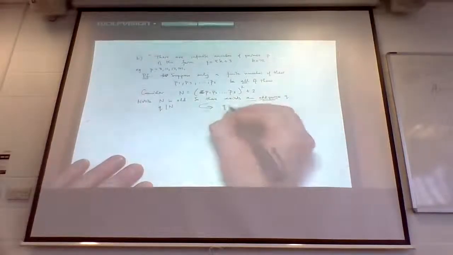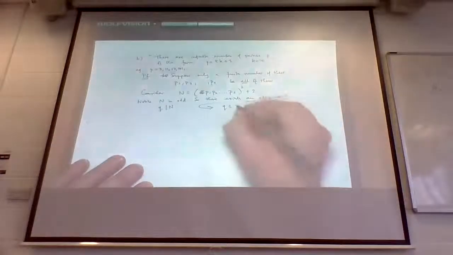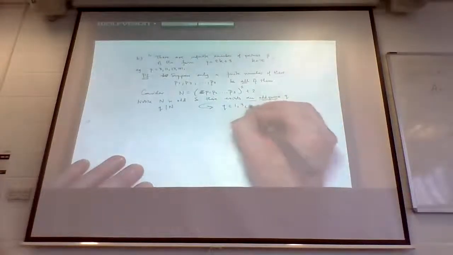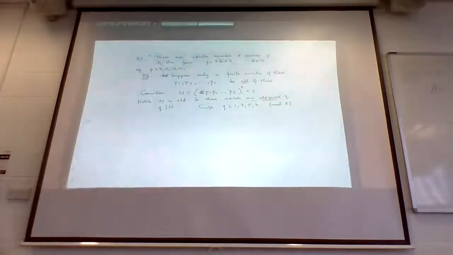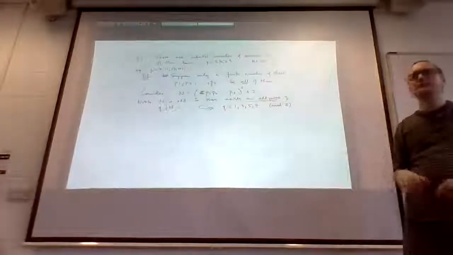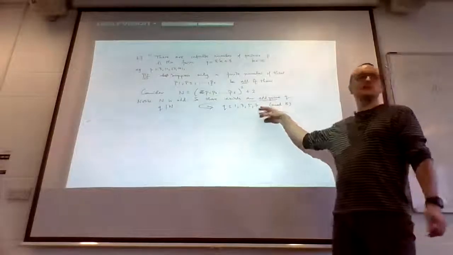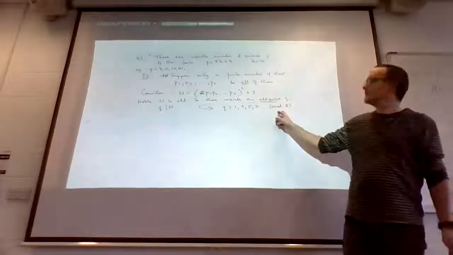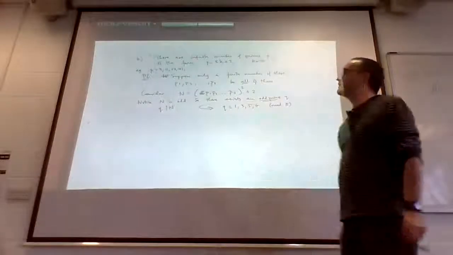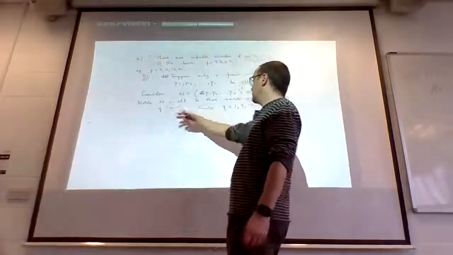Now, what does that say about q modulo 8? Well, it could be 1, 3, 5, or 7, because those are the odd congruence classes modulo 8. It can't be 0, 2, 4, or 6 mod 8, because that would be an even number. All the prime factors dividing n have to be odd.